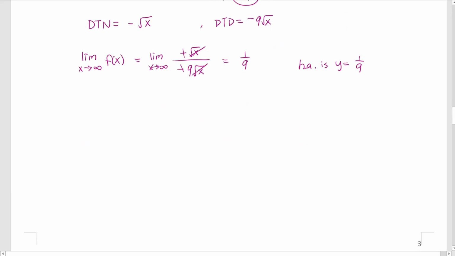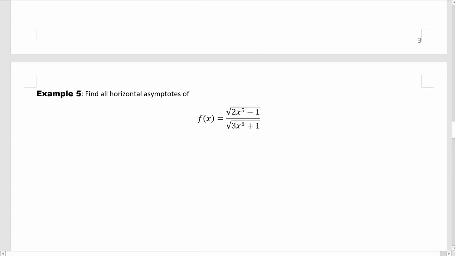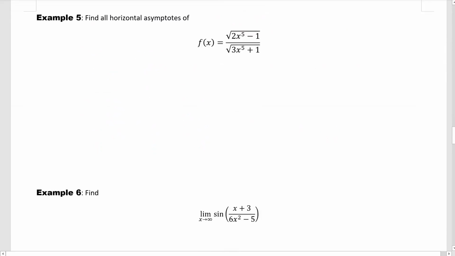Okay, so let's continue. What is this guy? Here you can see the power inside the square root is an odd power. If it's an odd power, then it's like square root of x, and you require the thing inside the square root to be greater than or equal to 0. So x can only go to positive infinity, not minus infinity.